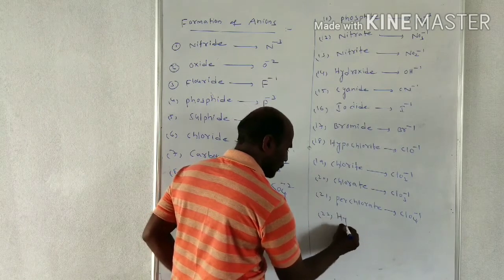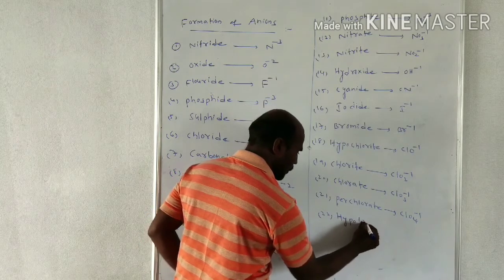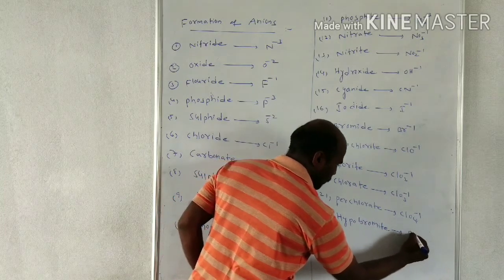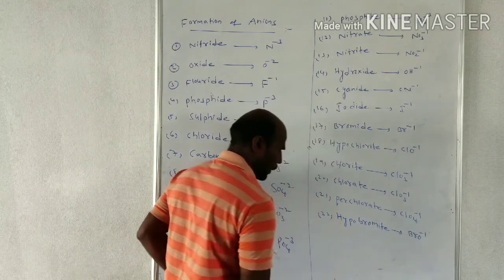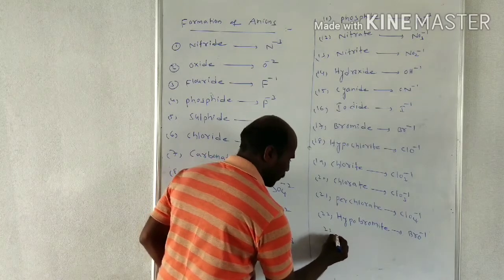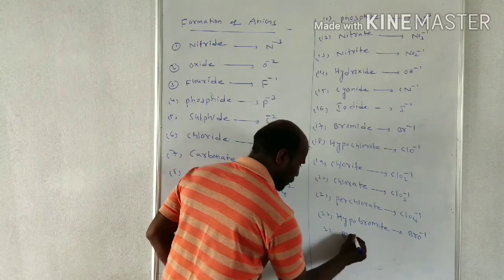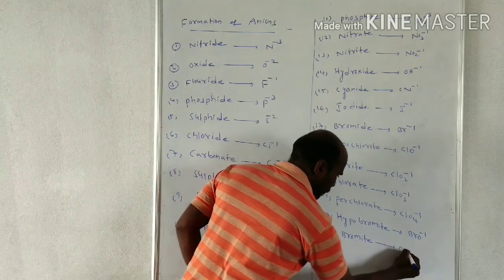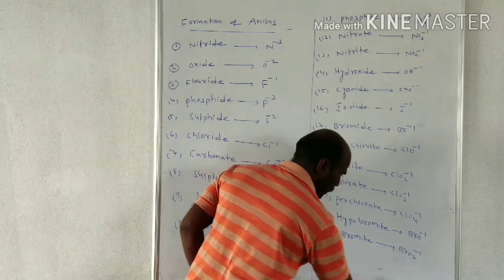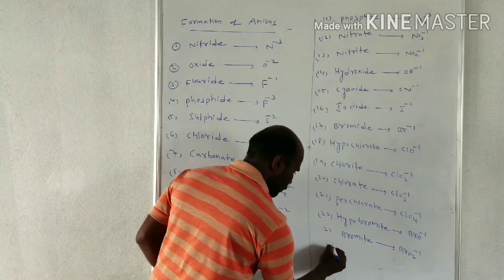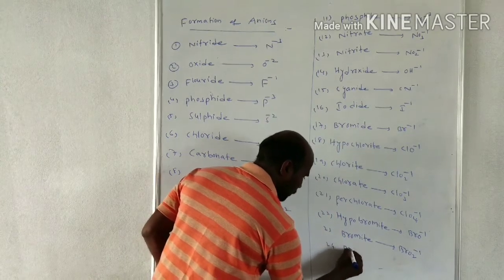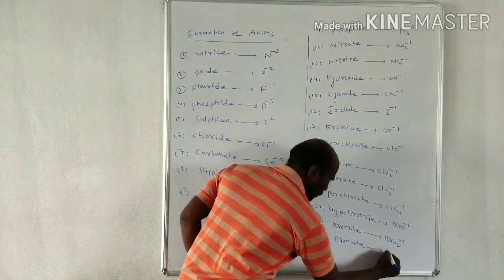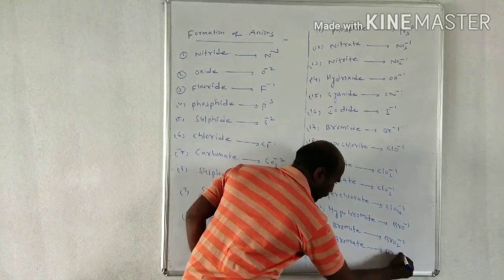Hypobromite, BrO minus 1. Bromite, BrO2 minus 1. Bromate, BrO3 minus 1.